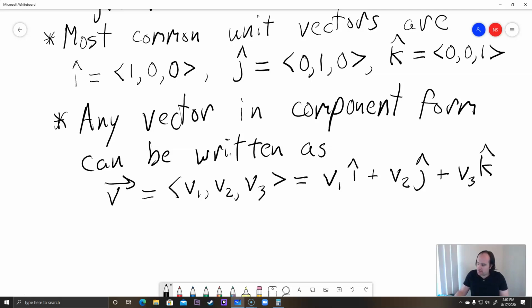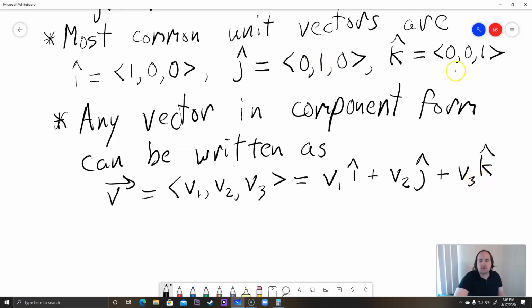And remember, those represent unit vectors. And the reason this works is a little bit complicated, but you can figure it out if you just multiply out the components. Because if you multiply your v1 times I hat, that's just going to give you your first component here. And then if you do v2 times j hat, that's going to give you your second component right there.